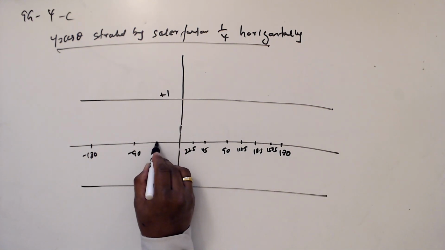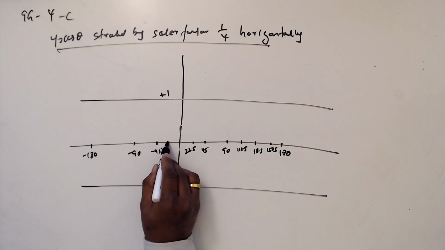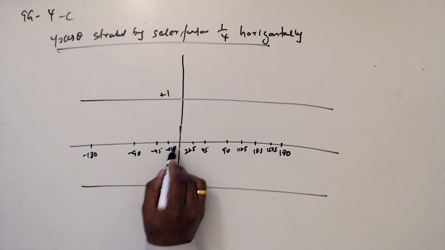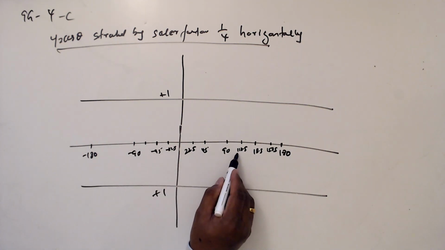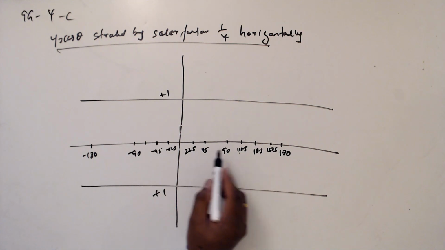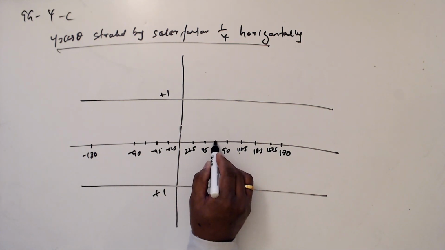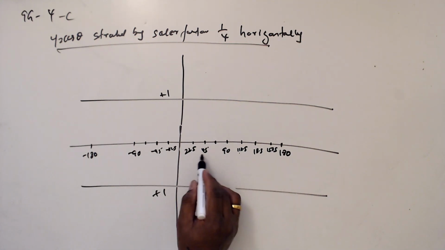Same way, this is going to be minus 45, minus 22.5, and this is minus 90, and sorry, 45. That one is missing. 45 plus 22.5.